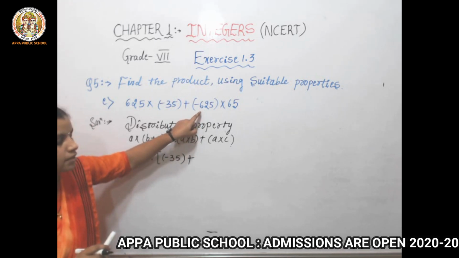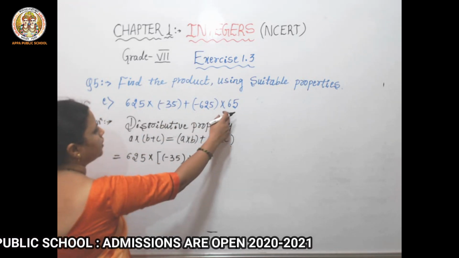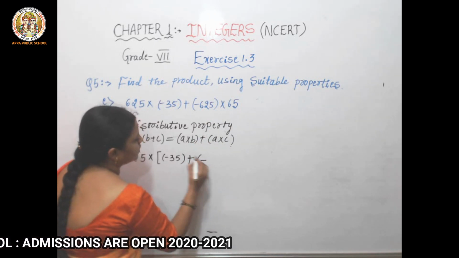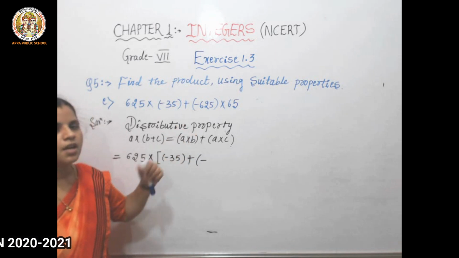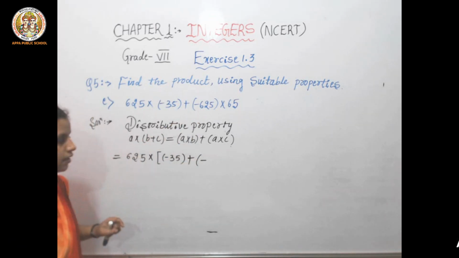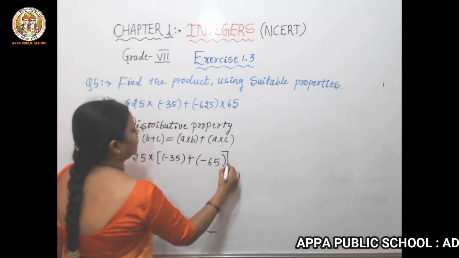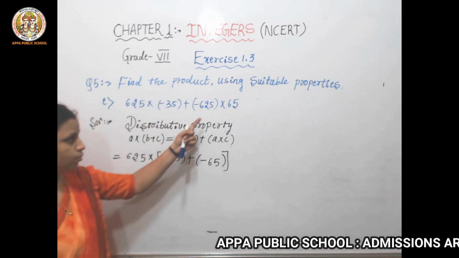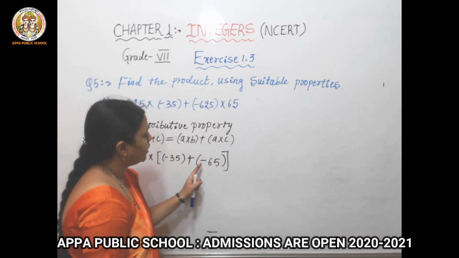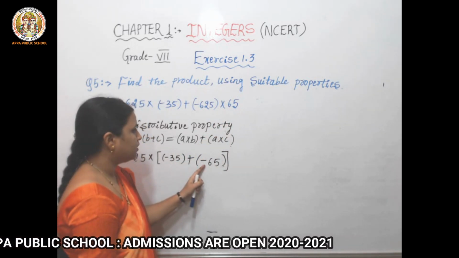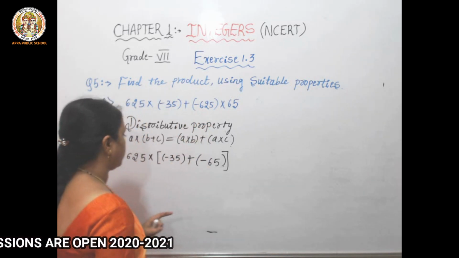But here it is minus 625. To make it balanced, here we will write that minus as it is. So that 625 into minus is minus 625. And this 65 as it is. Okay? So don't get confused: 65 is positive, but here we got minus 65. This minus is due to this minus 625.